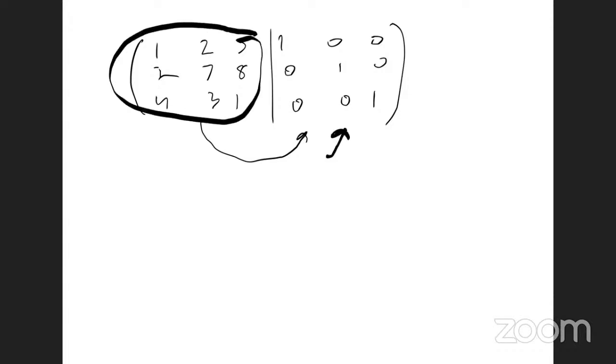So when you finish, the left-hand side will look like this, and your right-hand side will be an inverse. Right? It's the next technique of finding an inverse. Are you okay with that? I'll probably show you an example later on, right?